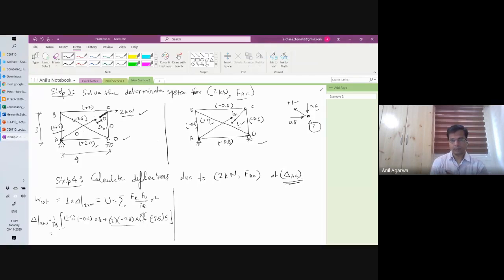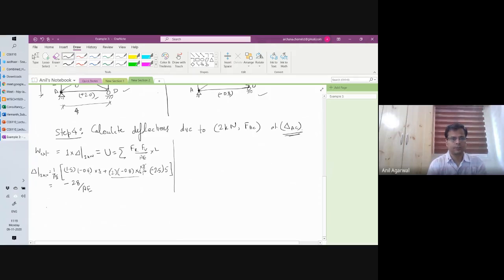So I'll put negative at the end. 16 multiplied by 0.8 plus 5 multiplied by 2.5. Yeah, that is 28. So it turns out to be minus 28 divided by AE. Okay, that is my delta because of 2 kilonewton load.